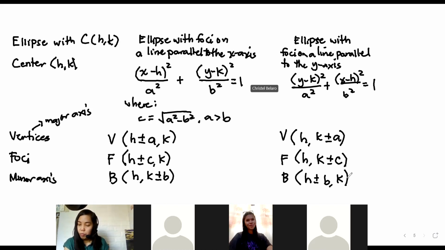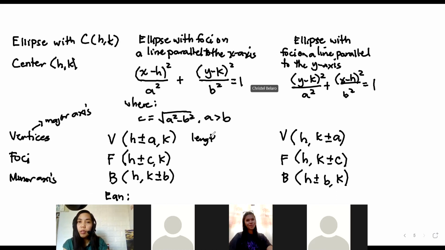Ano pa? Yung sa minor axis, the equation, just in case lang meron kasi sa mga given condition, okay? Ang length ng major axis class ay 2A.